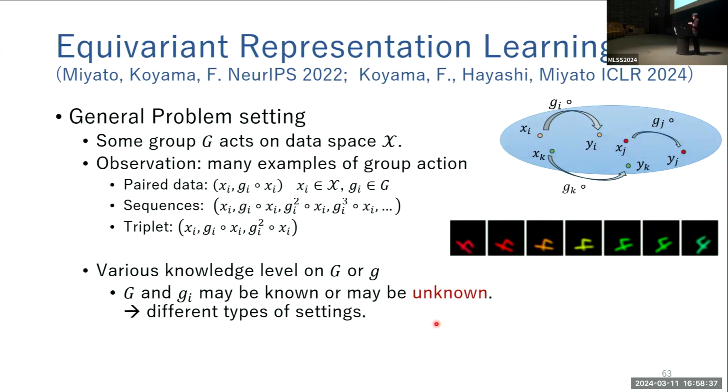I assume that some group G is acting on the data space X. We have an observation of data points and other data points obtained by applying some group action given by G. The assumption is that we have paired data, or a sequence of such data, and we extract information from the paired data or the sequence of data.